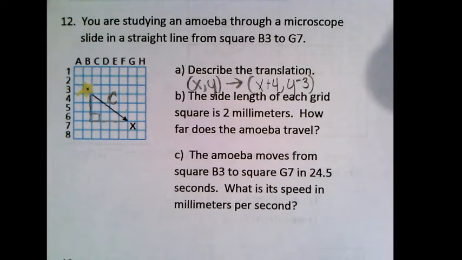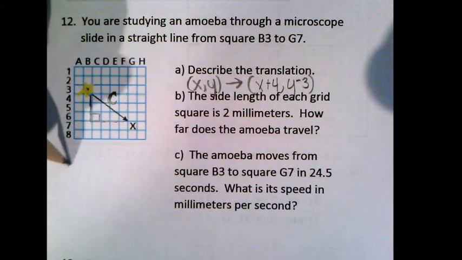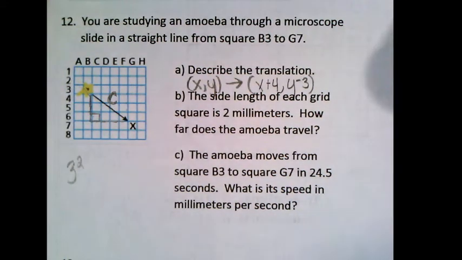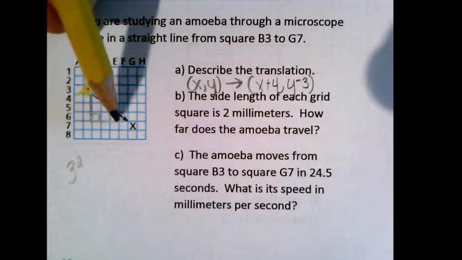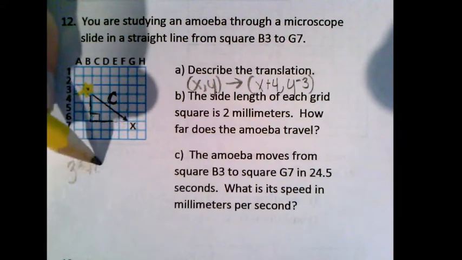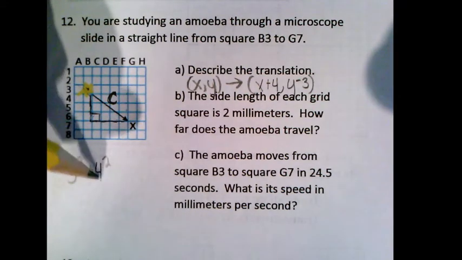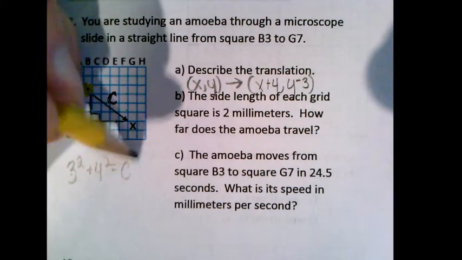All right. So here's what we got. This side length is 1, 2, 3. So I know I'm going to do 3 squared. I know that this is 4 across, so 1, 2, 3, 4. A squared plus B squared equals C squared.